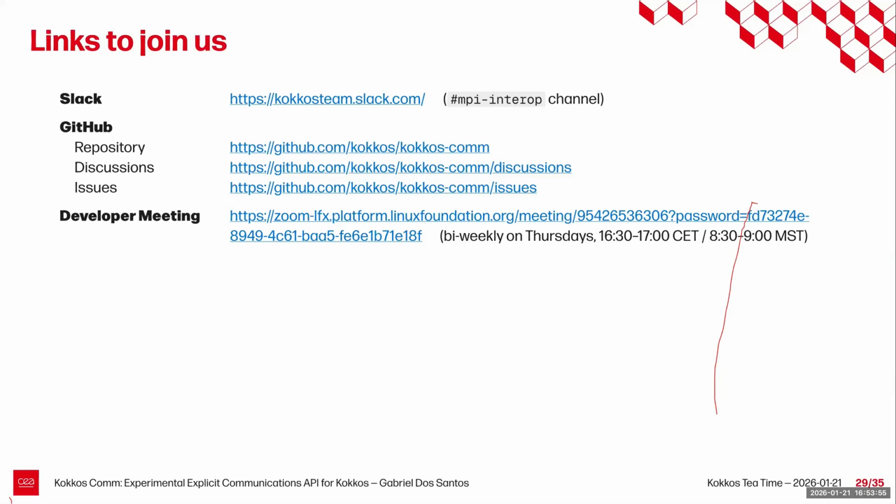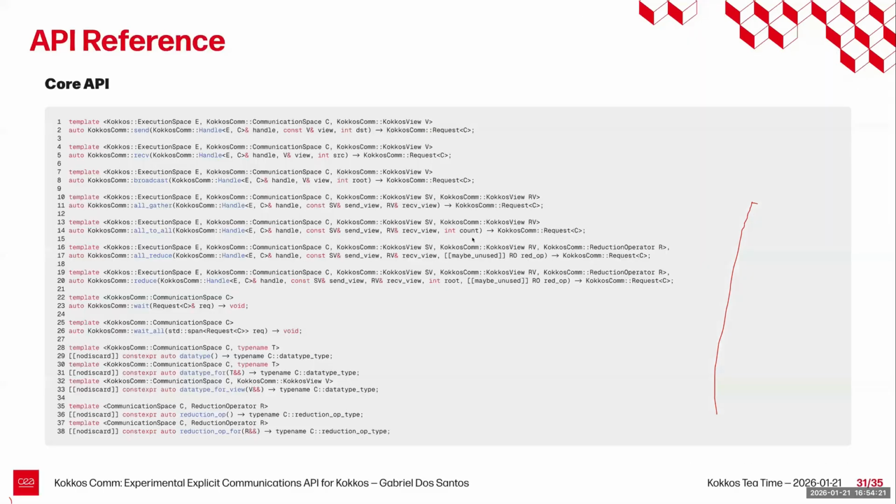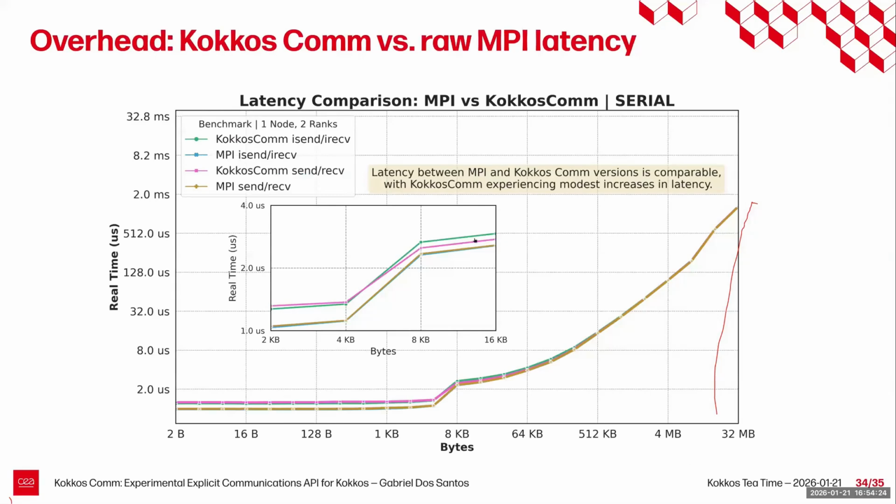He was asking for performance numbers and comparison between the different backends. Can you comment on that, Gabriel? Yes, so for now we don't have any comparison numbers between MPI, NCCL, etc. I only have some overhead benchmark of Kokkos Comm versus MPI. It's on the latency, how much overhead we introduce with Kokkos Comm.